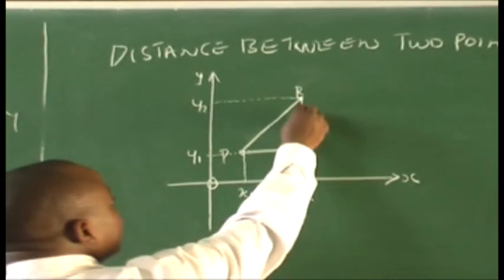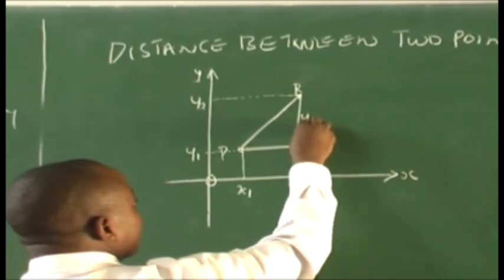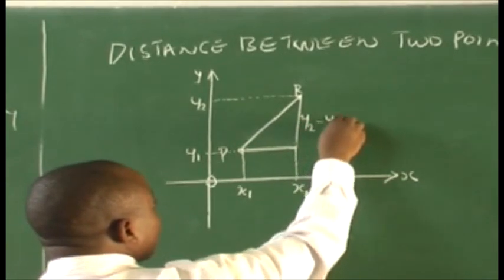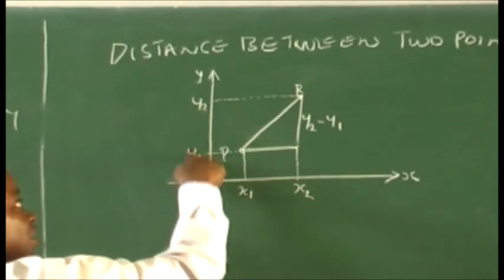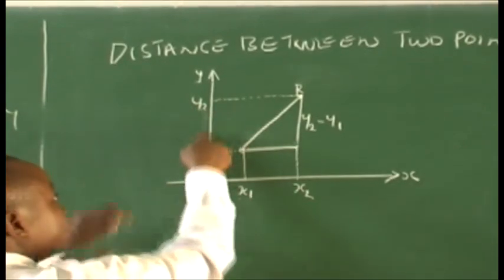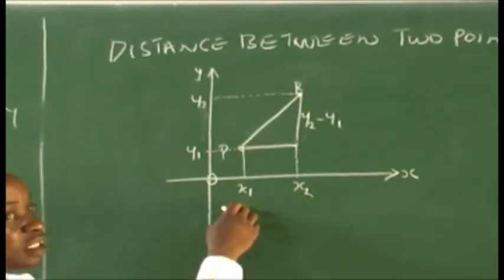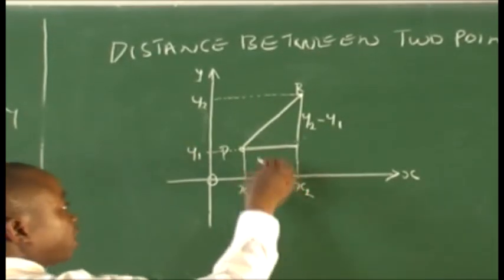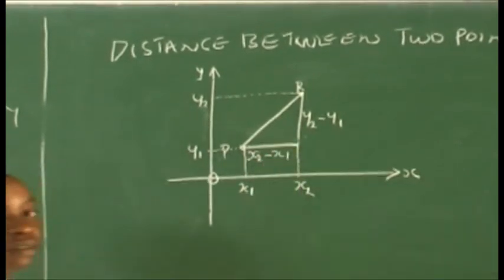Now, this particular distance from here is the same as y2 minus y1, because if I subtract y1 from y2, then I will have this distance. And this distance here is the same as this distance here. Same thing happens here. This one is the same as x2 minus x1.